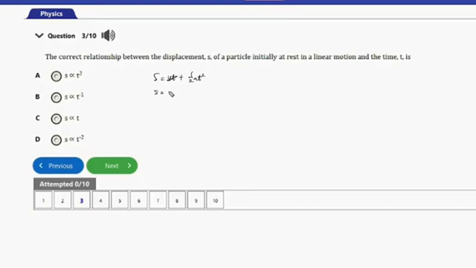So the equation becomes S is equal to half at squared. If we make half a constant, that means S is equal to kt squared. So in that case, S varies as t squared. So option A becomes the answer to this question. So that's it for this question. Let's go ahead and consider the next question, guys.